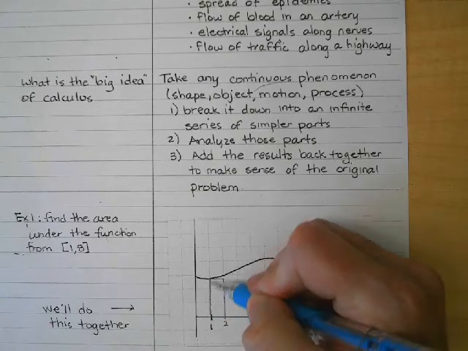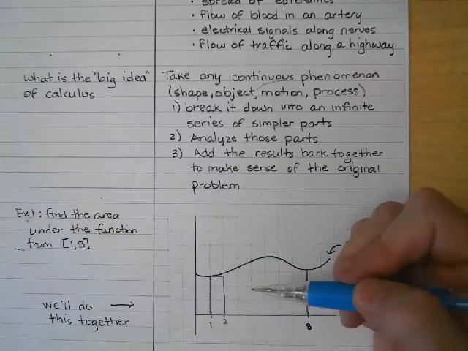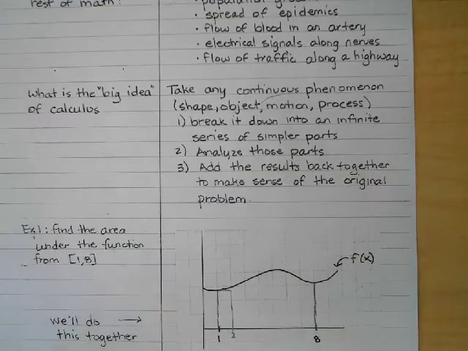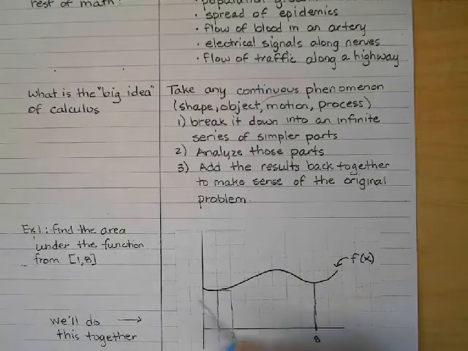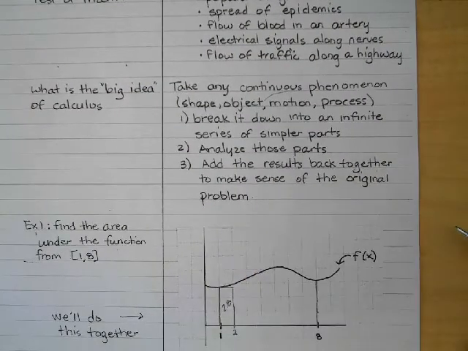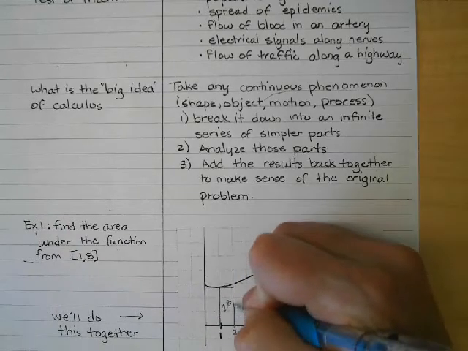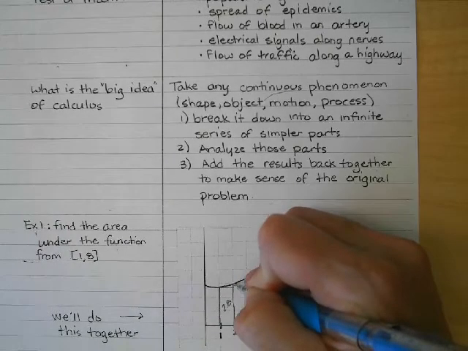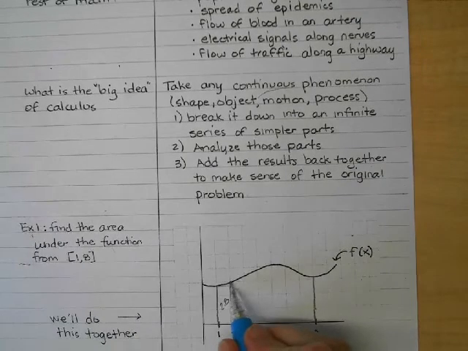Well, the height of this guy right here looks like it's about 2.8. So I'm going to say, okay, if the height is 2.8 and the width is 1, then this rectangle has an area of about 2.8. Okay, now at 2, I'm going to go up and go over.